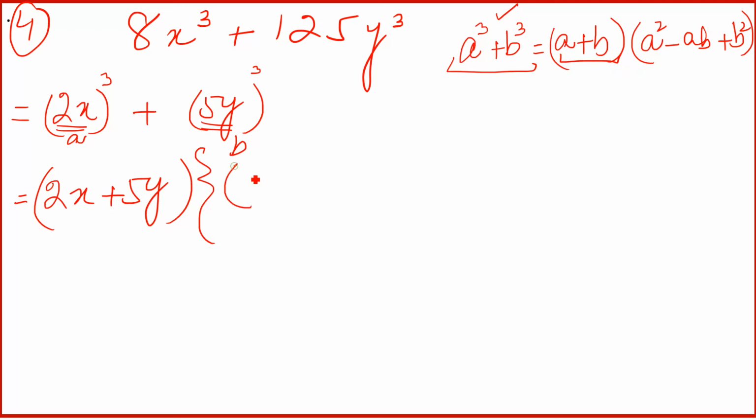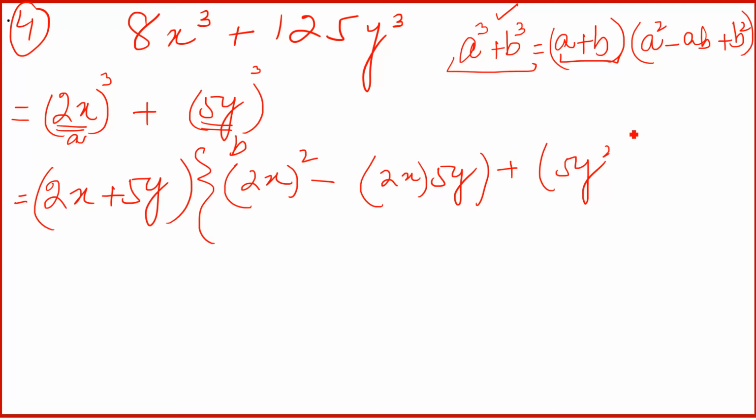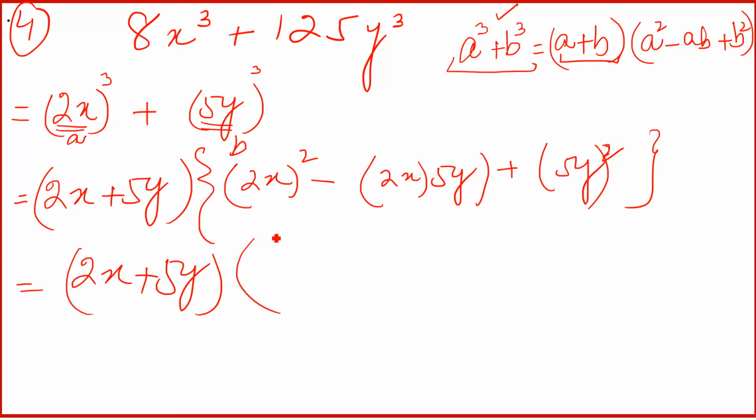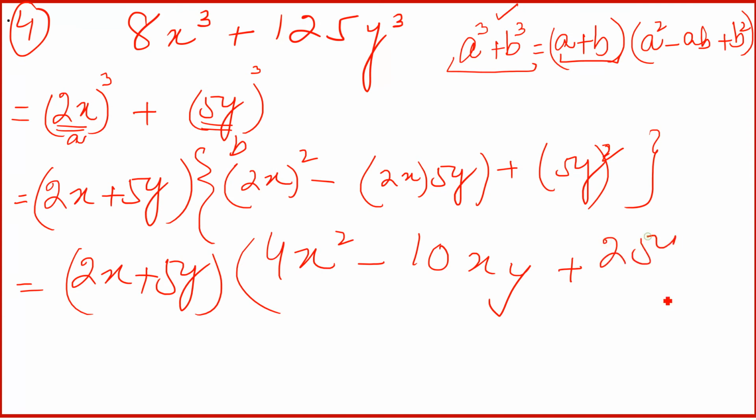Now a square, 2x square minus a times b, which is 2x times 5y, plus b square is 5y square, whole square. And here we will expand it now. So 2 times 2 is 4x square minus 10xy, plus this is not 5 times 2, it means 5 we have 2 times, 25y square, and this is our answer.